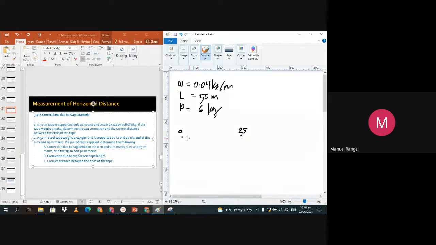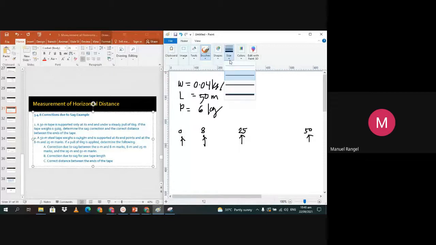So at the ends, from 0 to 50. Then at the 8 meters and 25 marks. So doon na ang mga na-support. So, diha na mga length na may sag.